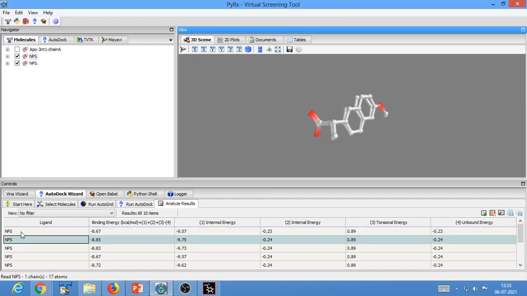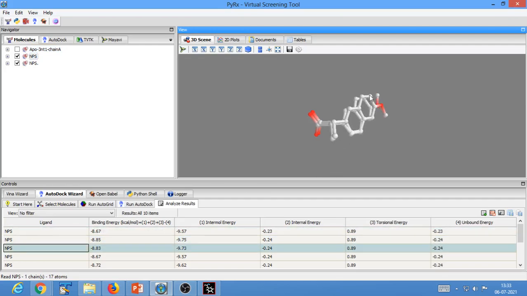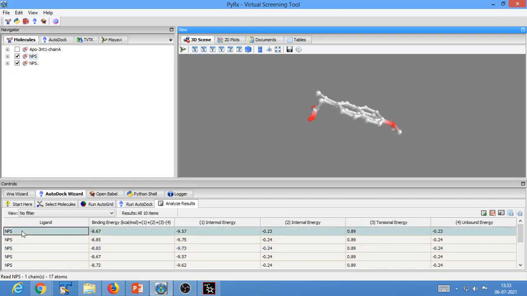Whatever is moving is the predicted pose, and this one is the crystallographic pose. This one is the predicted pose, and this one is the crystallographic pose. Now let us structurally visualize how our software has performed. As you can see, the very first pose might not appear to be very similar to the experimental, or crystallographic, pose.